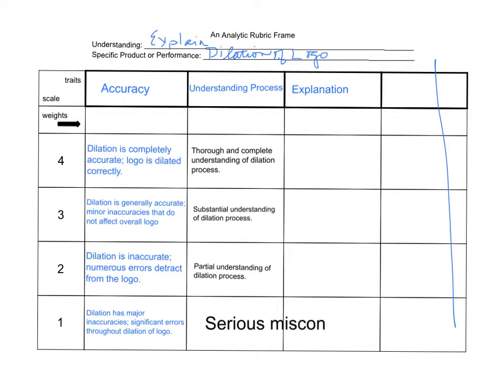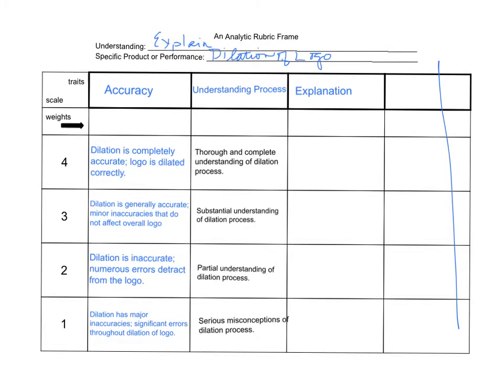Serious misconceptions of dilation process. So here you can see how a student would receive credit on their process even if their content was incorrect or their accuracy was incorrect.